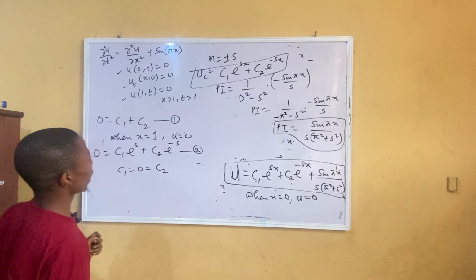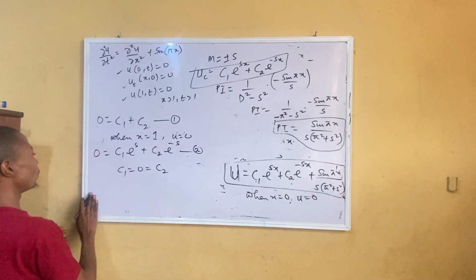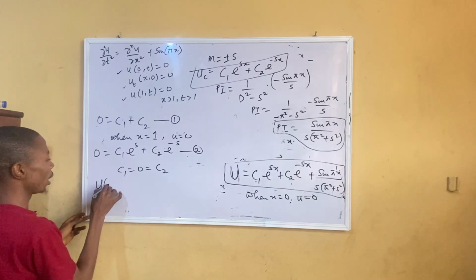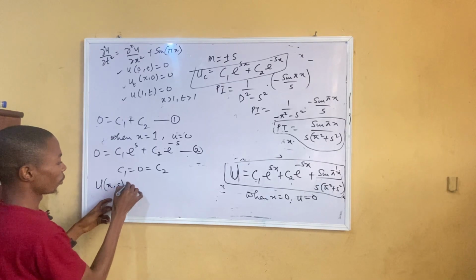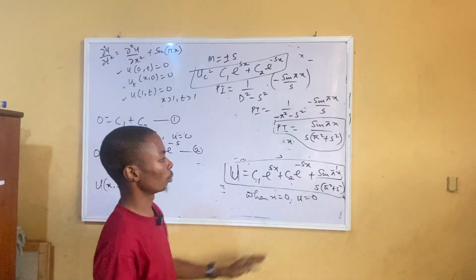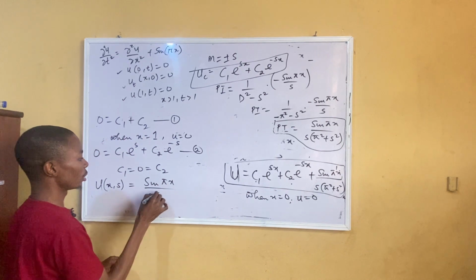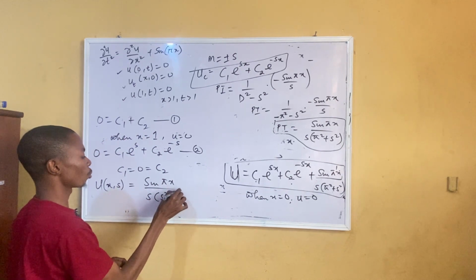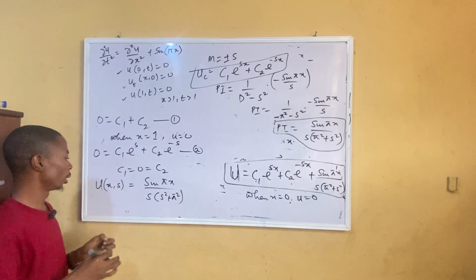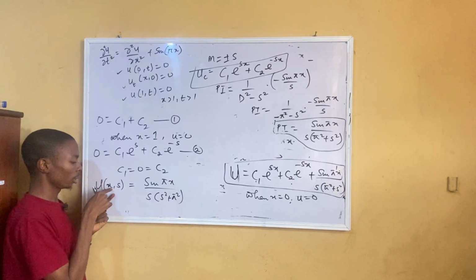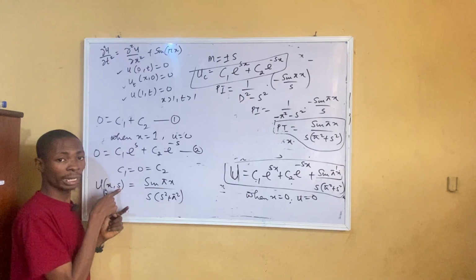So if c1 and c2 are 0, what will our general solution be? Our general solution, u of x comma s, equals, since these two terms are 0, sine pi x over s into bracket s square plus pi square. So this is a solution in x and another unknown variable s.